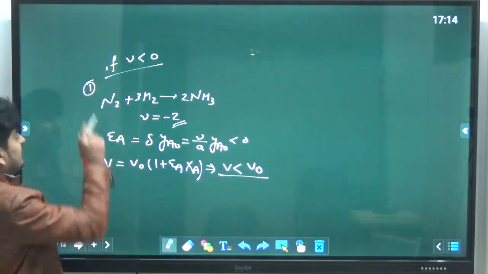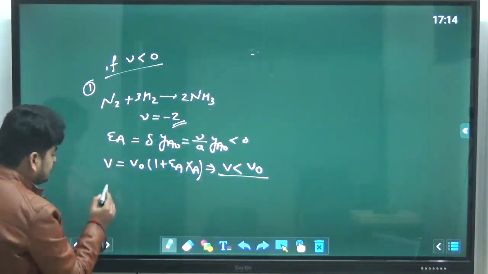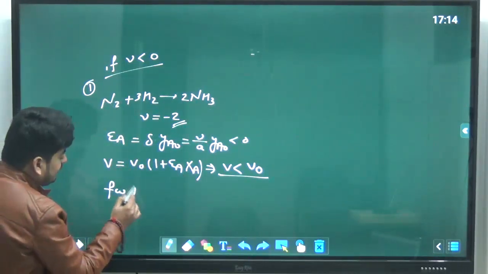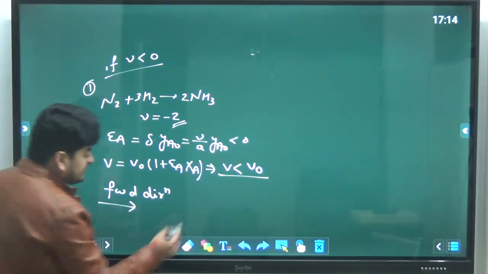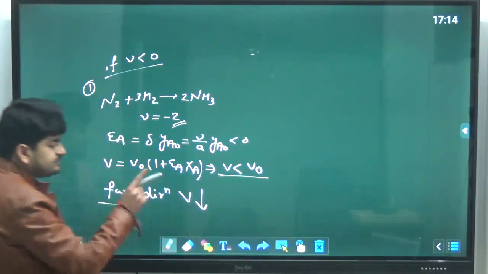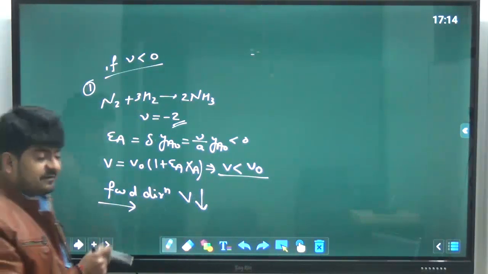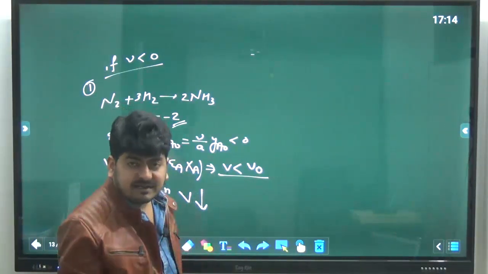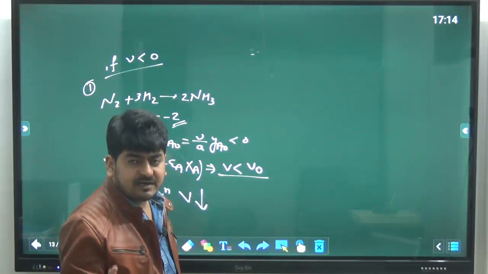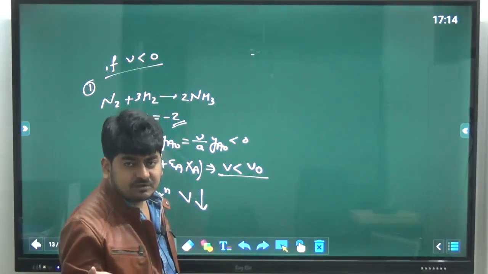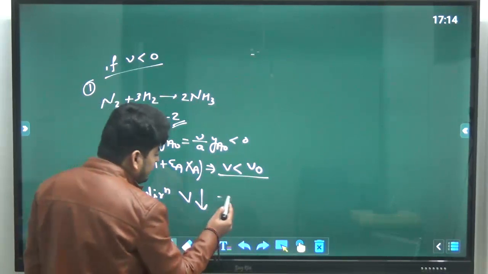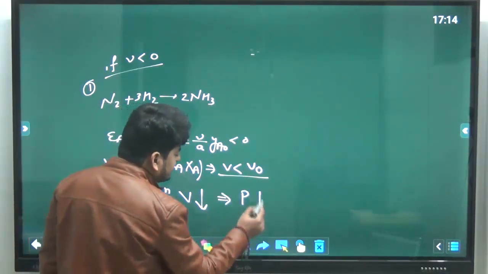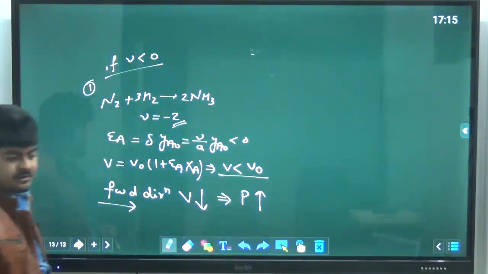It means if I go in the forward direction, the volume is decreasing. And if volume is decreasing, then from the ideal gas law, from Boyle's law, we know that PV is constant, so P is inversely proportional to volume. If V is decreasing in the forward direction, pressure should increase.